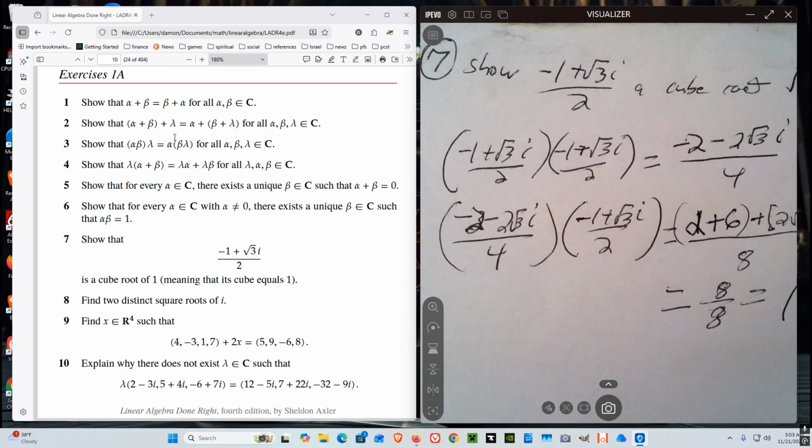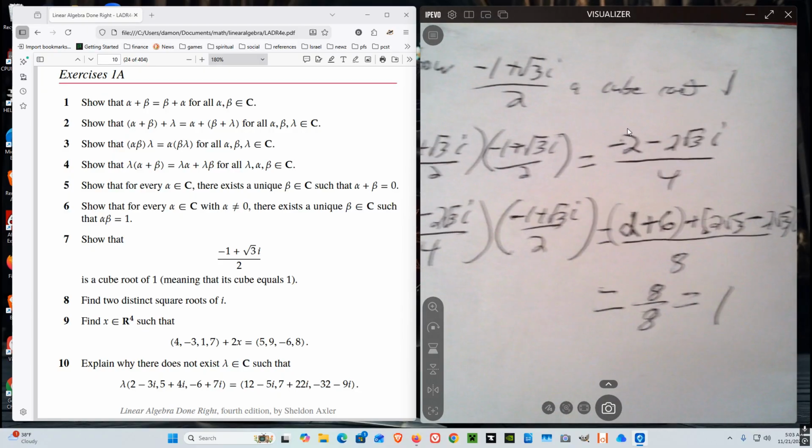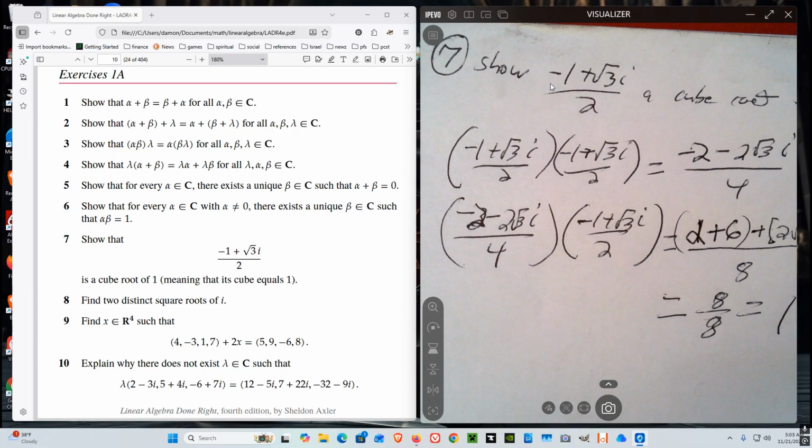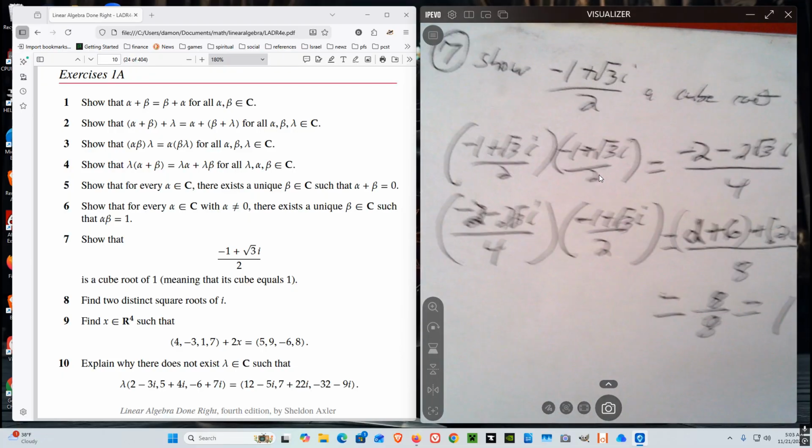All right, show that -1 plus root 3i over 2 is a cube root of 1. That means we've got to cube it. You see here in parentheses, he says, meaning that its cube equals 1. He sort of gave you a hint. I'm just going to cube -1 plus root 3i over 2. I don't know if you hear my cat meowing in the background, but anyway, -1 plus root 3i over 2 times -1 plus root 3i over 2.